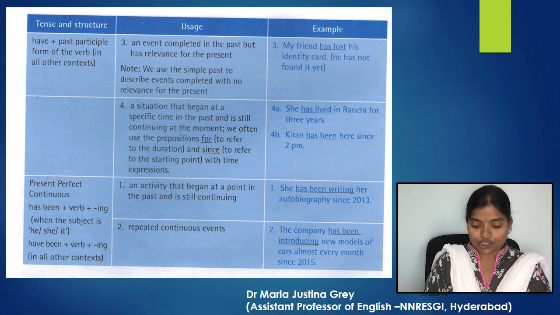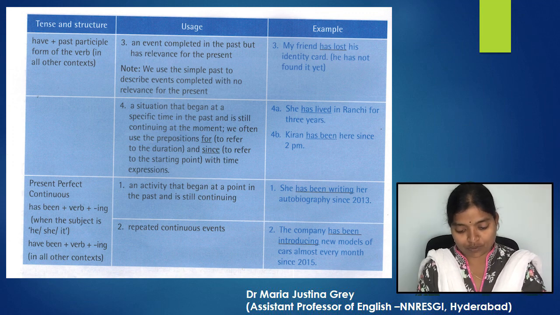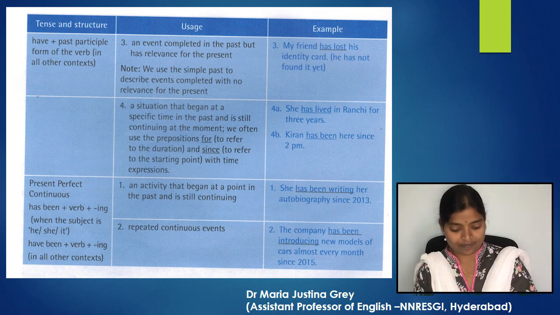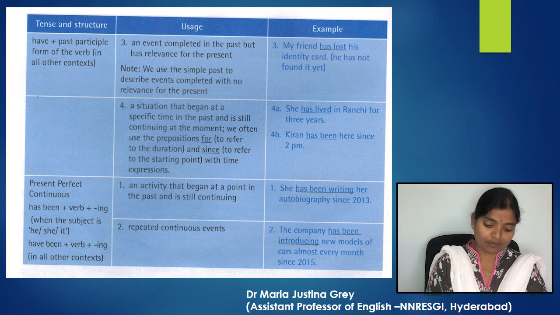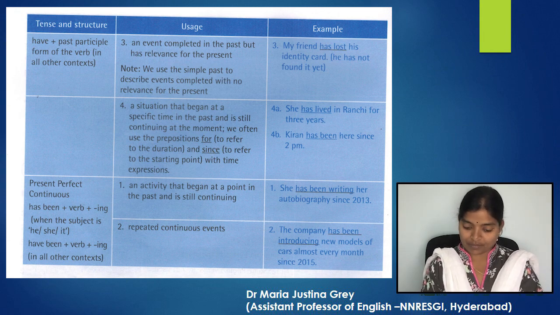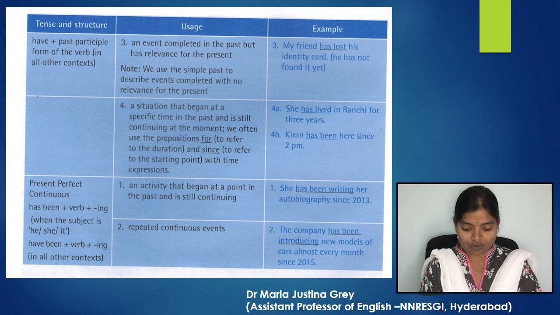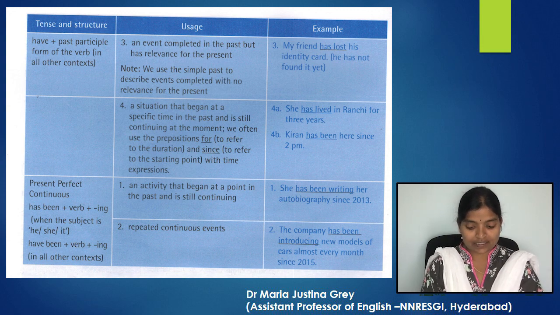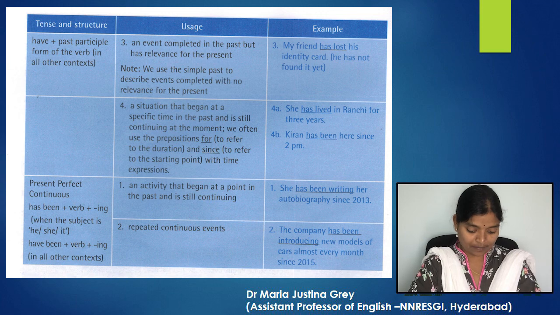For example, she has been writing her autobiography since 2013. We also use it to talk about repeated continuous events. For example, the company has been introducing new models of cars almost every month since 2015.